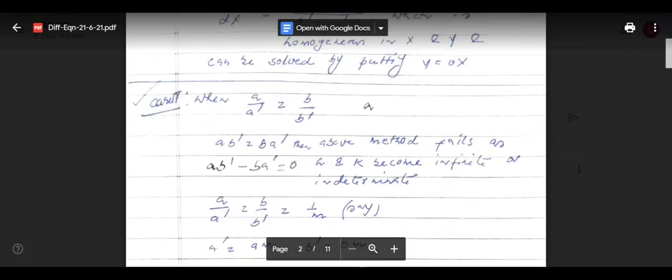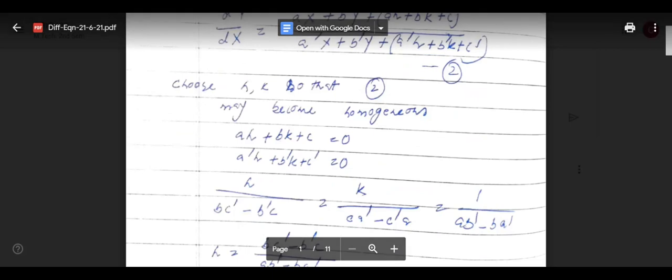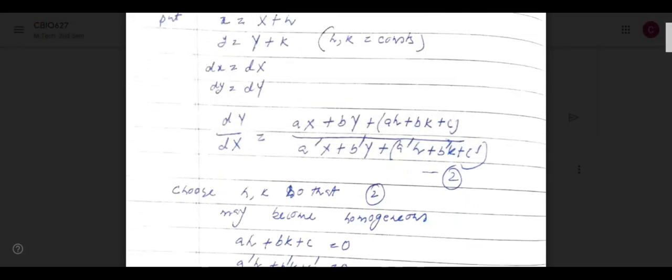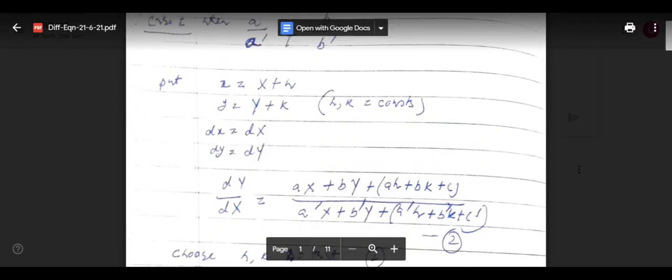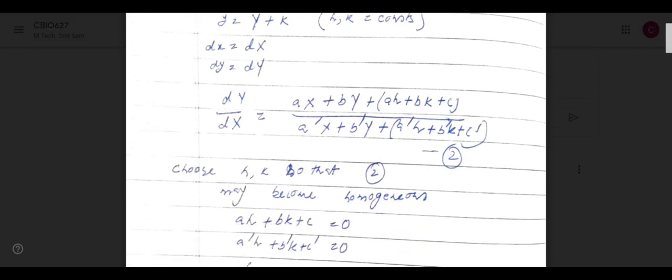You have to consider this as 0. So what is our goal? We keep ah plus bk plus c constant and a dash h plus b dash k plus c dash equal to 0 to find out the values of h and k. That is our goal.